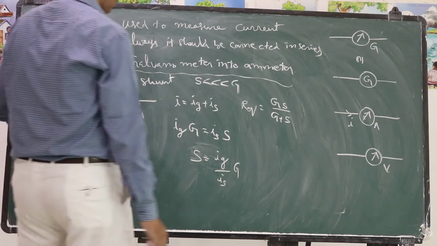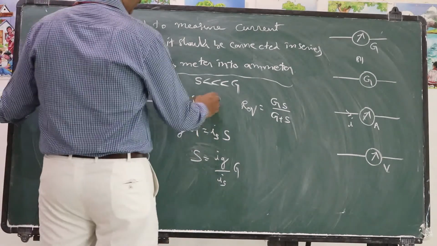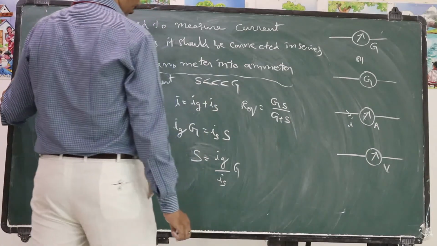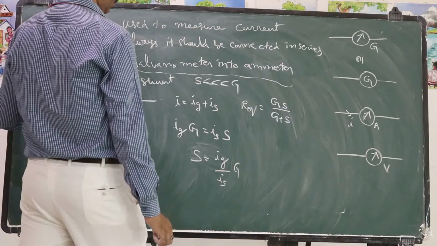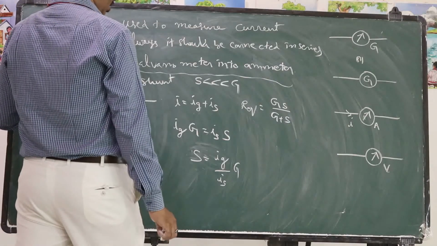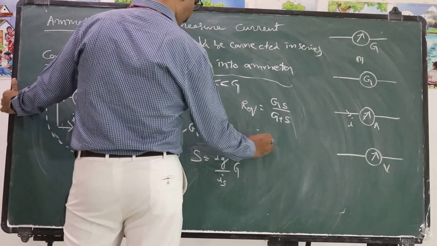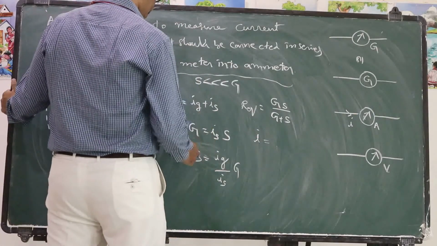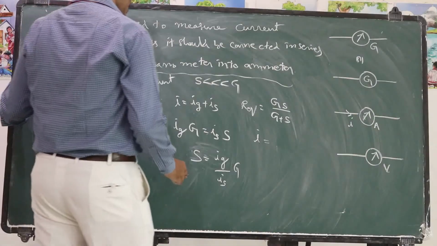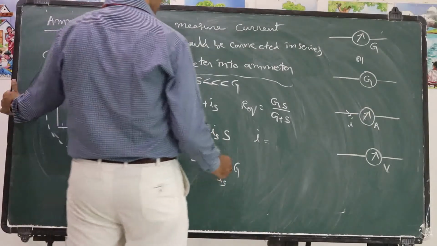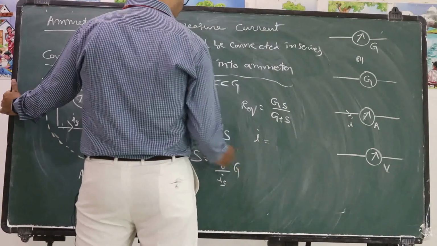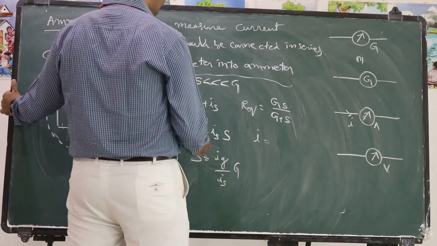Now, from this equation, I is equal to Ig plus Is.